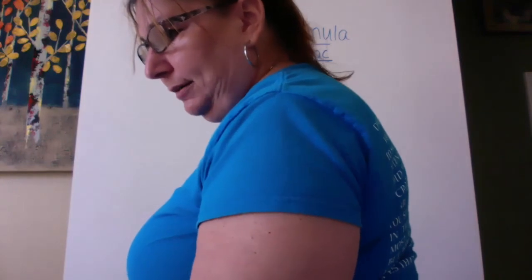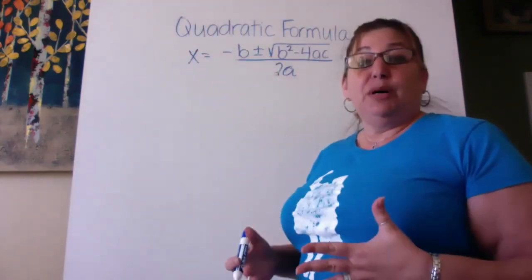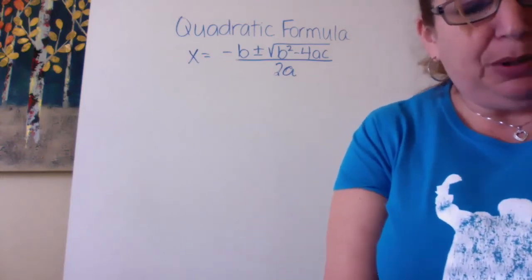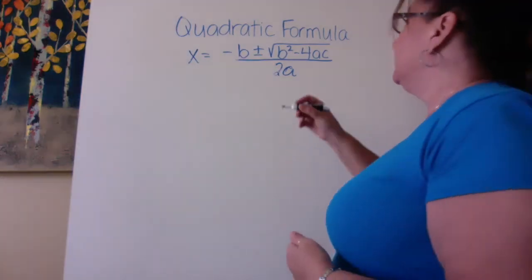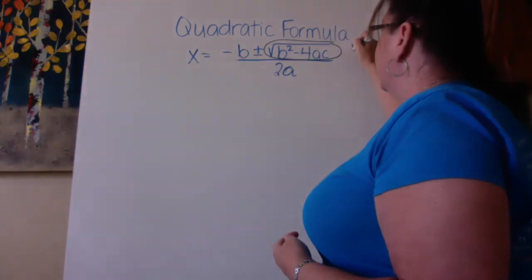Okay, one more thing about the quadratic formula. This is a special part of the quadratic formula right here. This is called the discriminant.